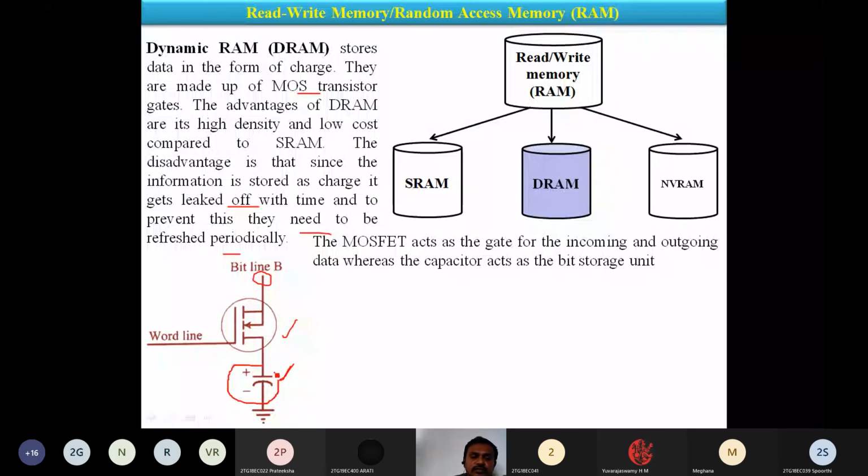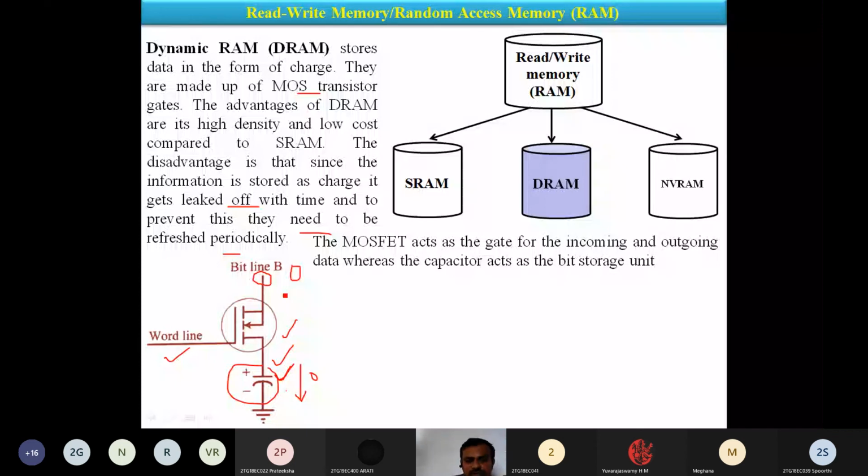What you want to write or read is based on the word line. If you want to make this transistor on, and the data bit is 0, what is going to happen? The capacitor is going to discharge. So what is the data in this capacitor? It is 0 because no charge is there. No charge indicates bit 0.